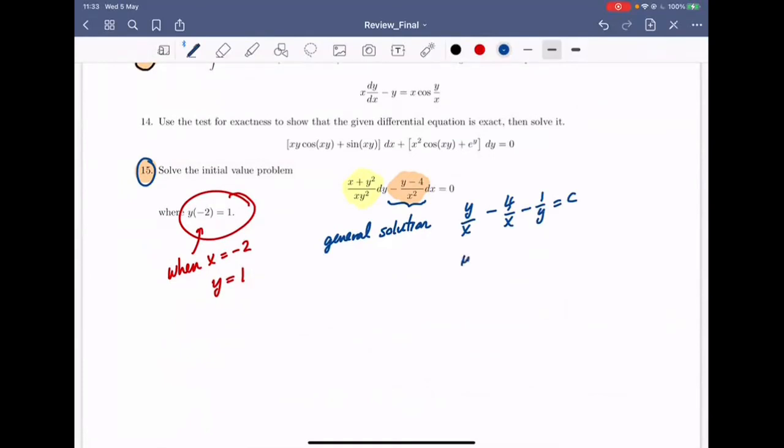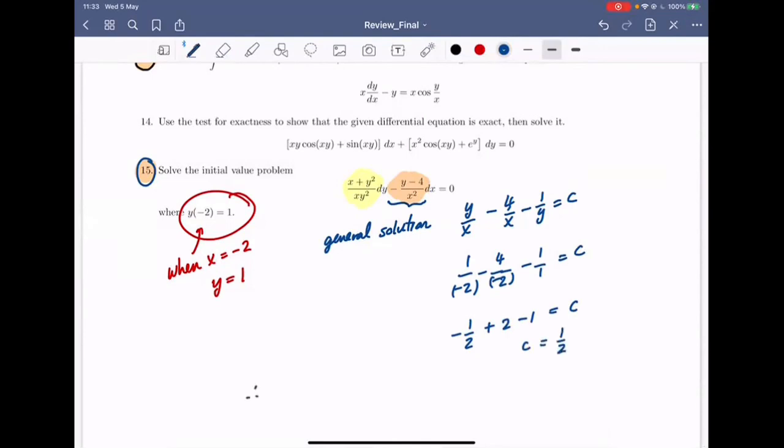You can plug in x equals negative 2, y equals 1 here, and then you can solve for C. This is negative 1/2 plus 2 minus 1 equals C. So that means C equals 1/2.